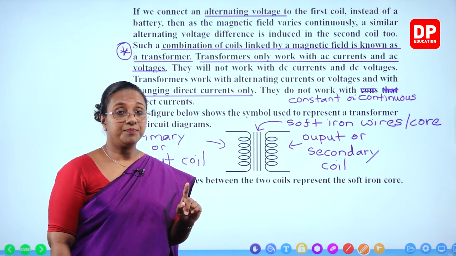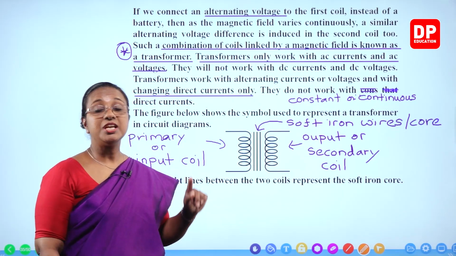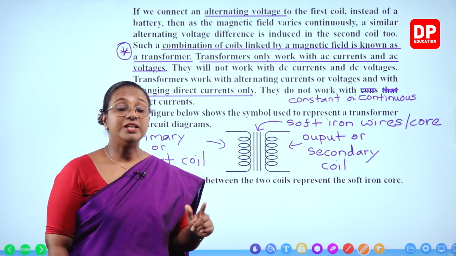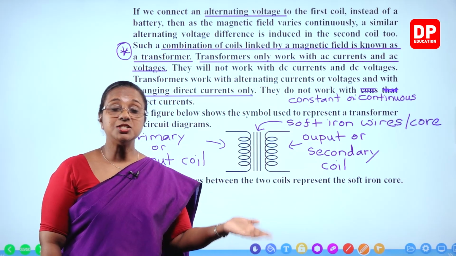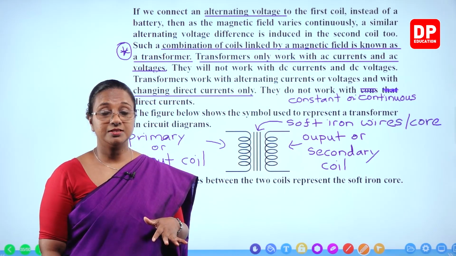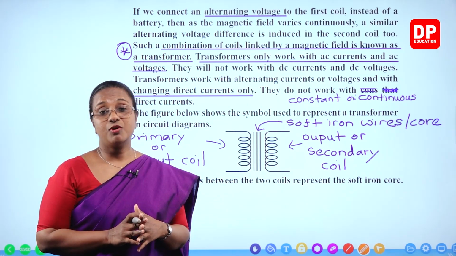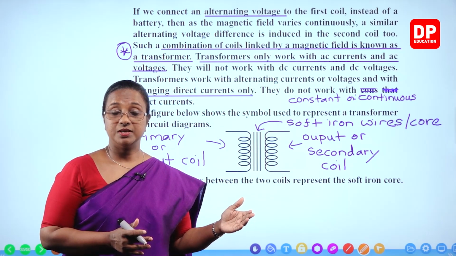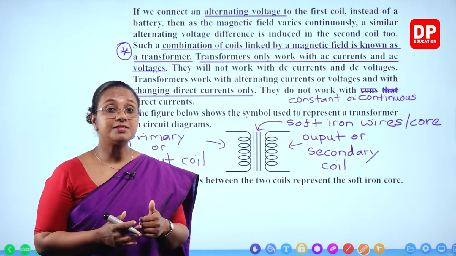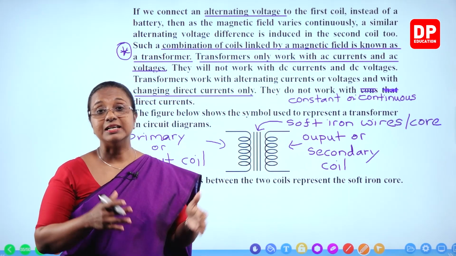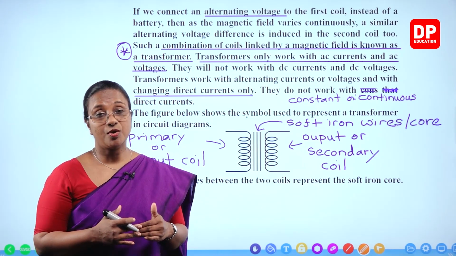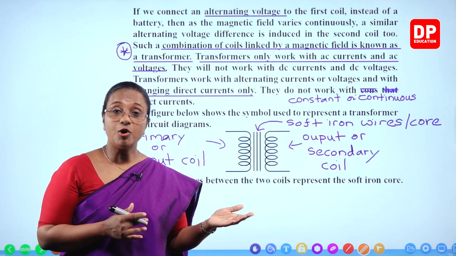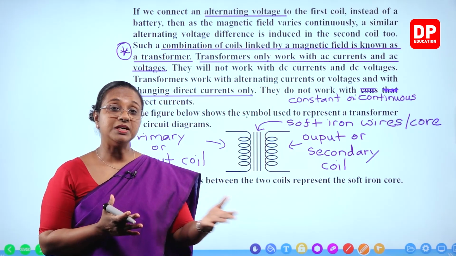Then I told you all, the transformer changes the voltage. So it can either increase the voltage or decrease the voltage. If it increases the voltage, then we call it the step-up transformer. If it decreases the voltage, we call it the step-down transformer. Increasing the voltage, step-up transformer.